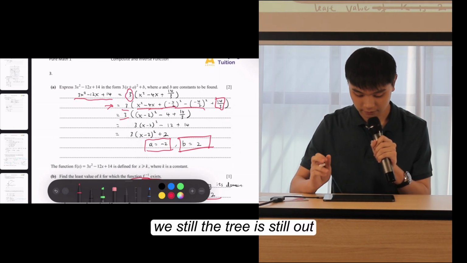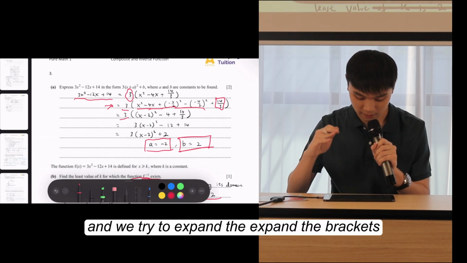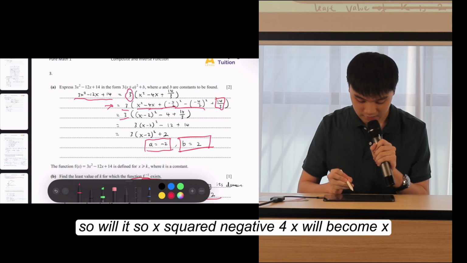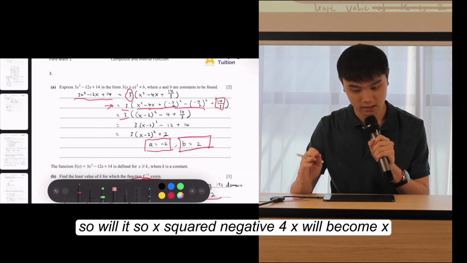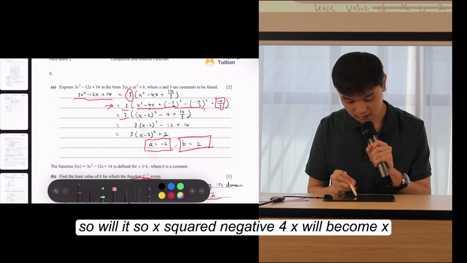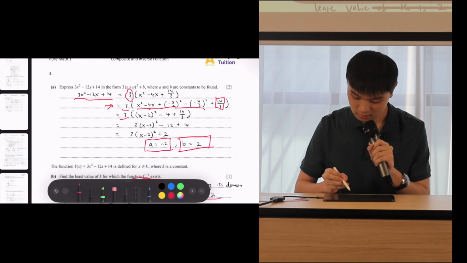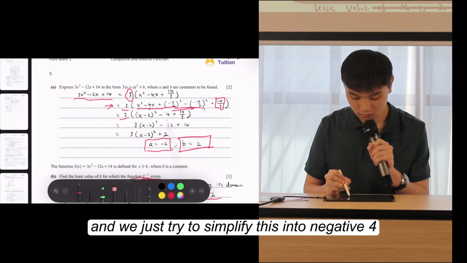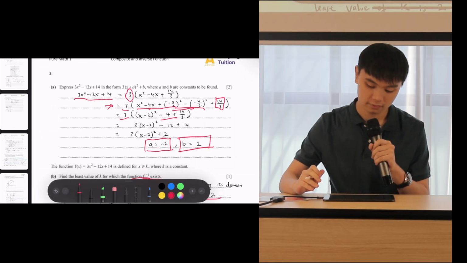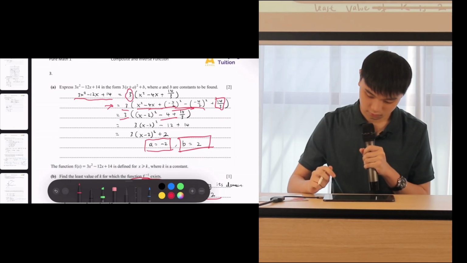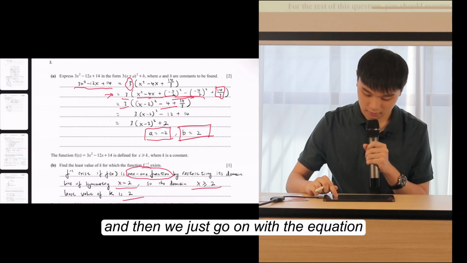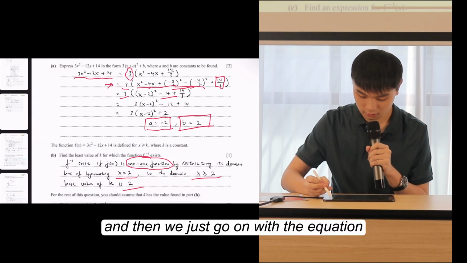For the next step, the 3 is still out, and we expand the brackets. So x squared negative 4x will become x minus 2 squared, and we simplify this into negative 4 plus 14 over 3. And then we go on with the equation.